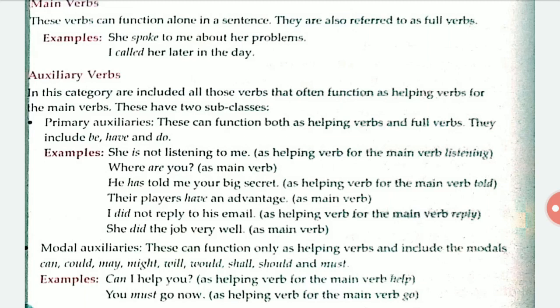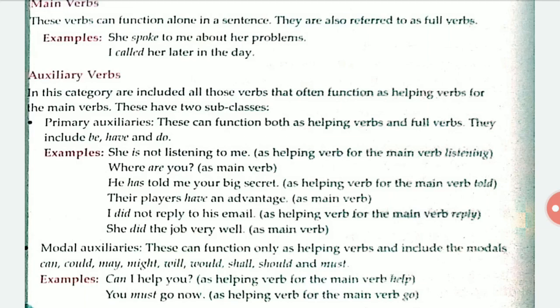You will get to know what I'm trying to explain. Okay, their players have an advantage. Here have is acting as a main verb in the sentence.